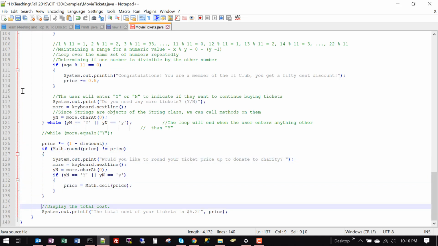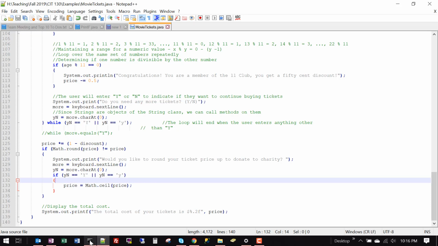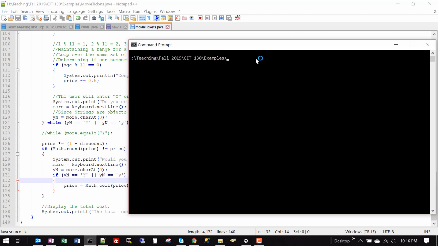Now, we're not quite done yet. I want to show that this works, but then we have just a little bit more in the switch statement to cover.